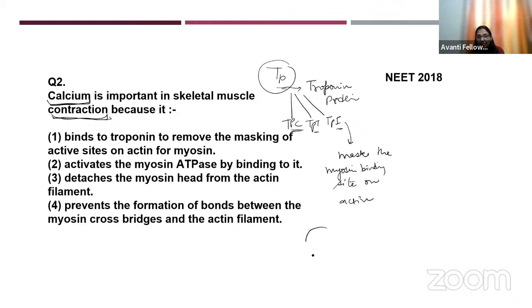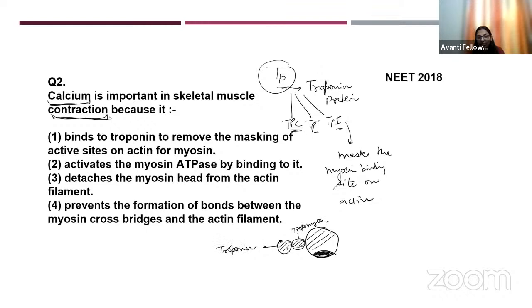For example, just imagine this is the actin. And here is the myosin binding site, the site where the myosin head will bind. And this is tropomyosin, and here is troponin.